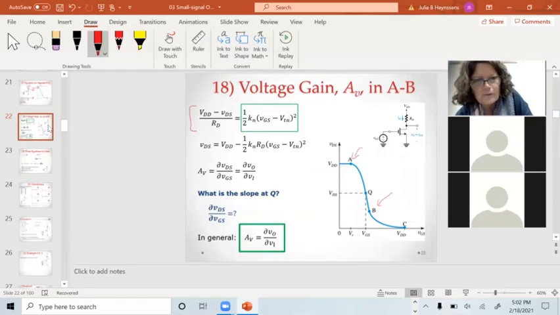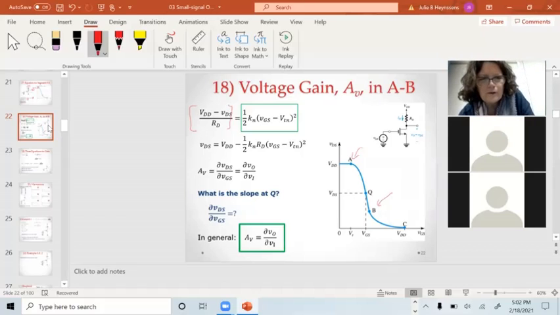The current through the resistor is VDD minus VDS, its voltage drop, divided by its resistance. And the current through the transistor, its ID equation, is Kn over 2 times VOV squared. The two of them have to equal each other because they're in series.